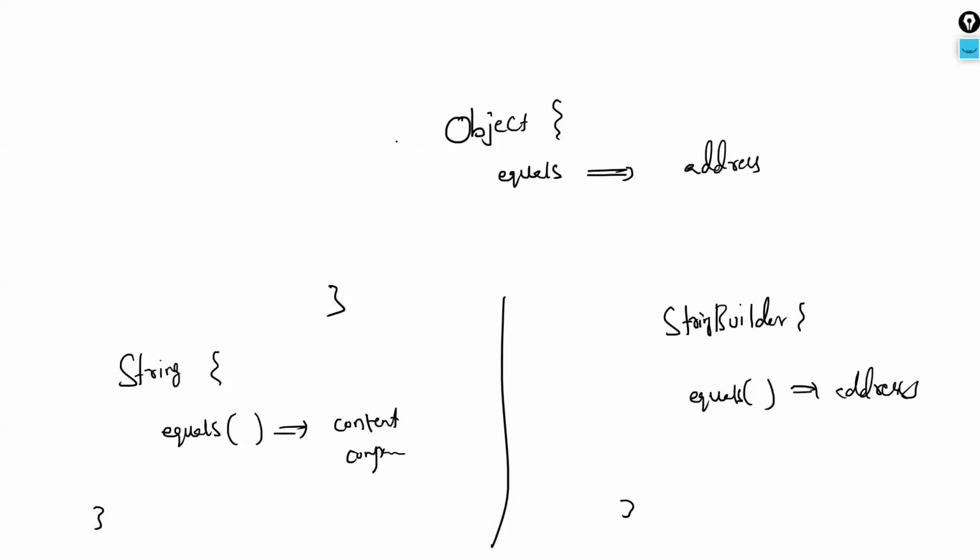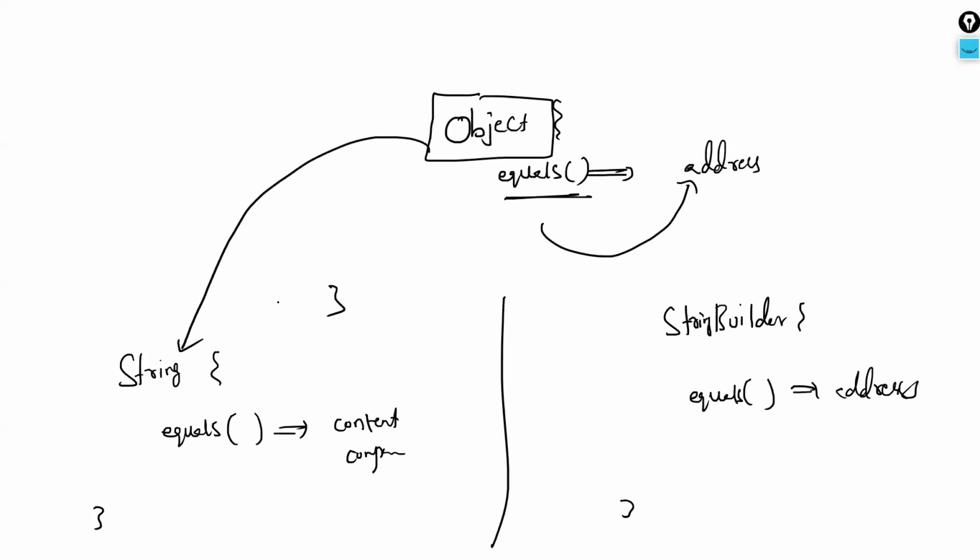It means there is a parentmost class called Object class. In that, a method is defined called equals, whose behavior is to compare the address. But being a child of this Object class, because Object class is the parent of every class, in the String class the behavior of equals method is changed. How did they change? By the help of the method overriding concept only.